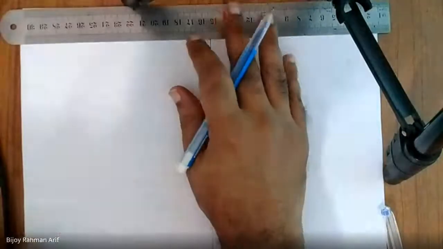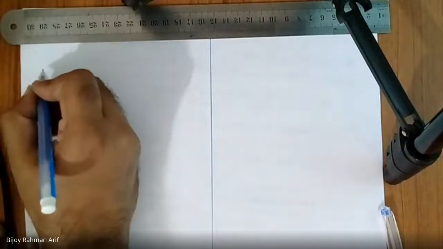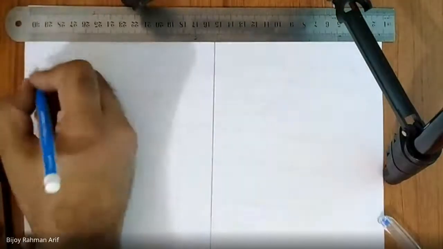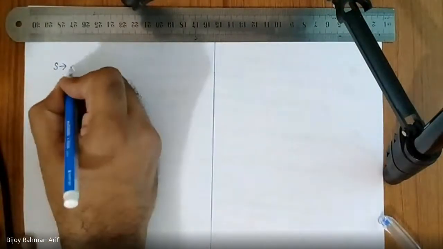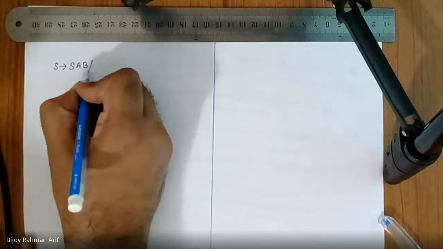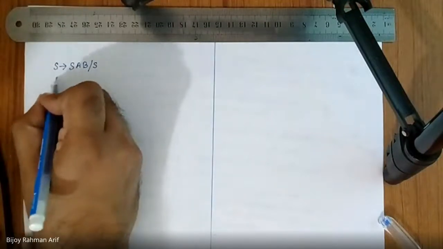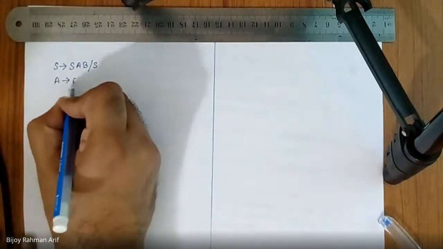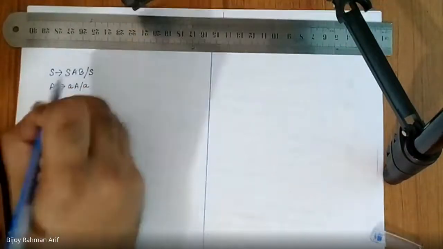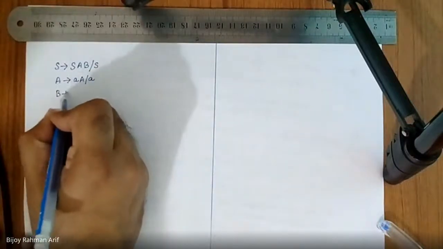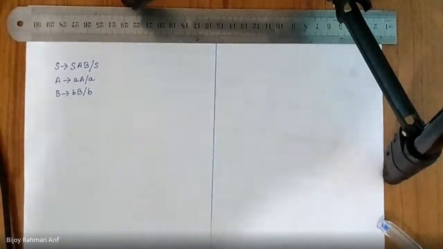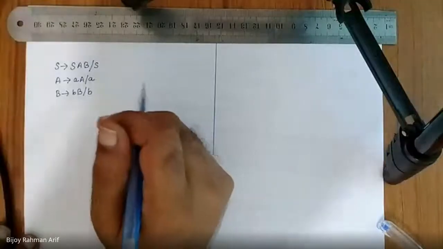Let's assume S derives SAB or SA, A derives A or AB, B derives B or epsilon. Is this grammar OPG? No, sir. Why is it not OPG?